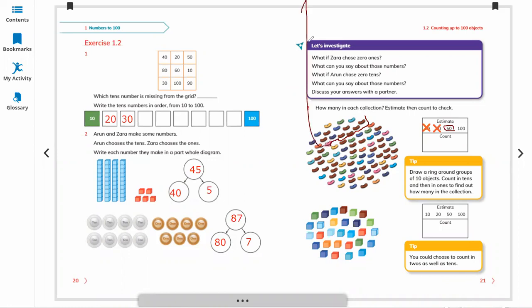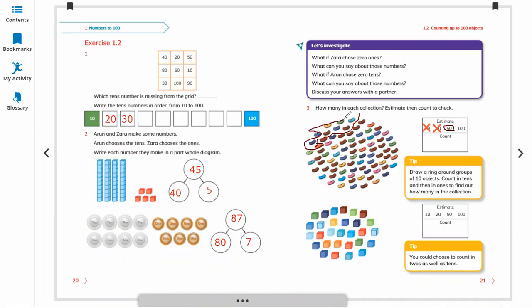Okay, let me start from the top. Make a circle for 10 beans. 1, 2, 3, 4, 5, 6, 7, 8, 9, and 10.